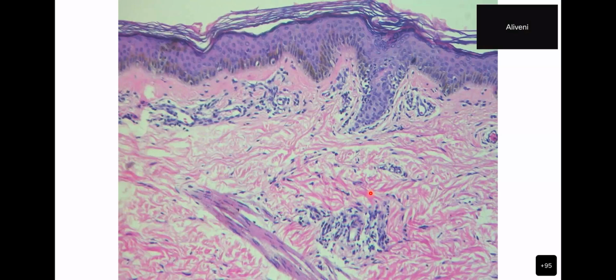There is a Grenz zone, which is a sparing of the inflammatory infiltrates, and the adnexal and perivascular inflammatory infiltrates are composed of lymphocytes.